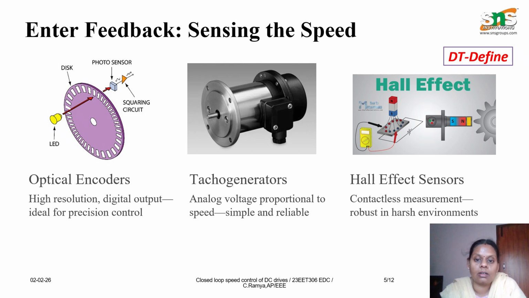Next are the speed sensors and the feedback. To implement closed loop control, we must measure the actual speed. What are the common sensors we are using here? The first one is the optical encoder, which has high resolution, produces digital pulses, and is suitable for precision drives. Next is the tacho generator, which gives an analog voltage proportional to the speed and is simple and reliable.